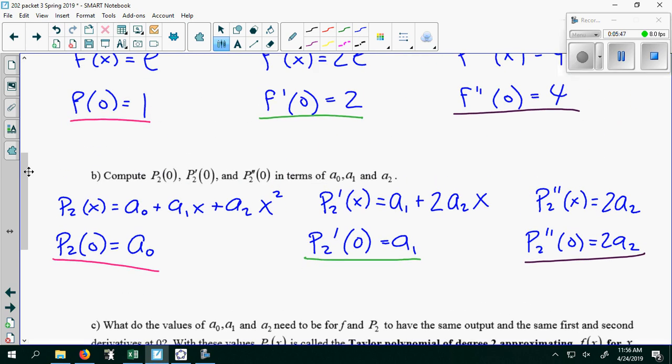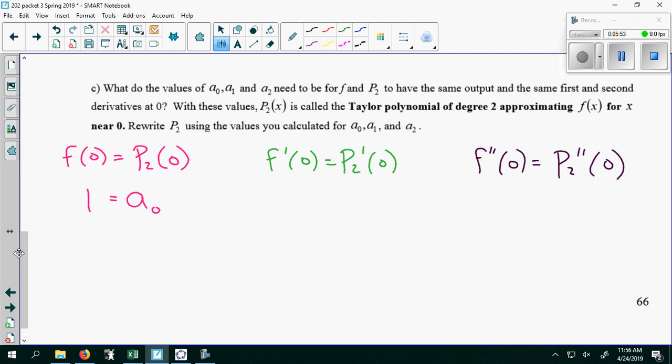Okay, for my next equation, f prime of 0 is 2 and P2 prime of 0 is a1. So 2 has to equal a1. And then for the last equation, f double prime of 0 was 4 and P2 double prime of 0 is 2a2. And then I'm going to solve this to get a2. I get a2 is 2.